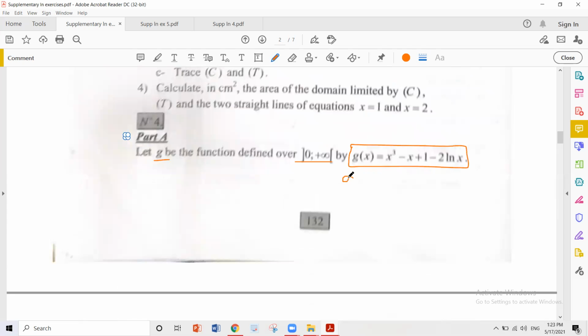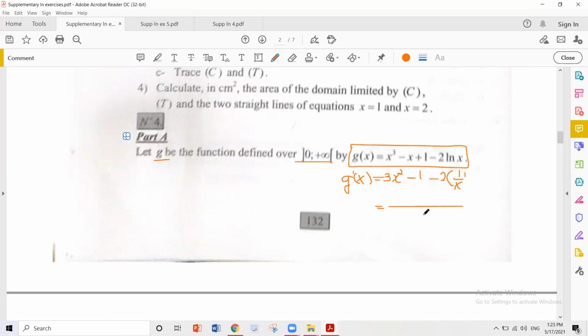How to calculate g prime x? What is the derivative of x cubed? 3x squared, minus 1, minus, what is the derivative of ln x? 1 over x. So 2 times 1 over x.